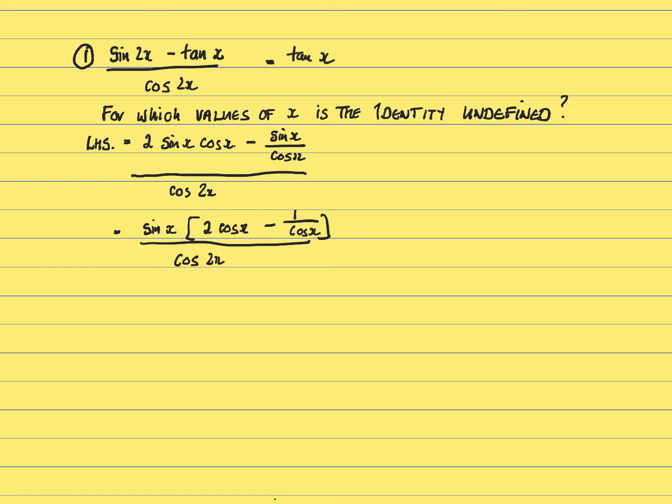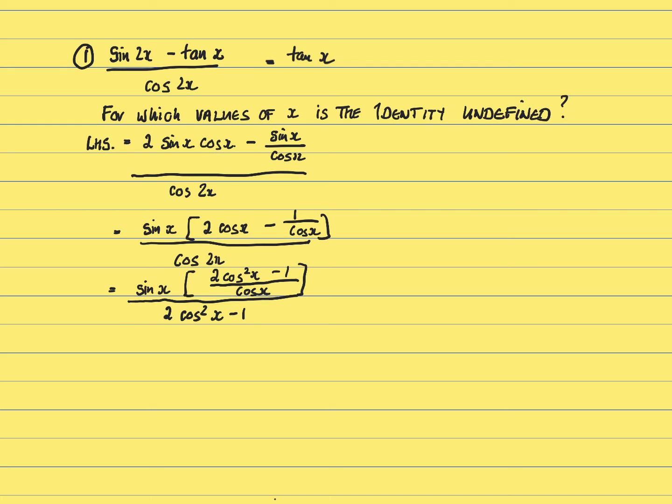Now within the bracket, I can find a common denominator of cos x, which means I'm left with 2 cos squared x minus 1, which is going to help me choose, because I know that cos 2x can be rewritten as 2 cos squared x minus 1.